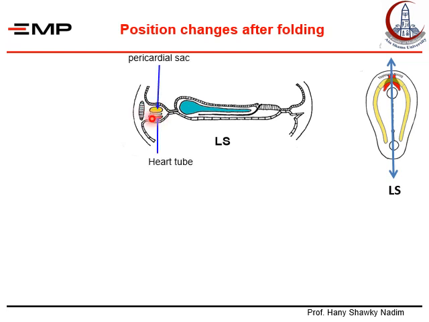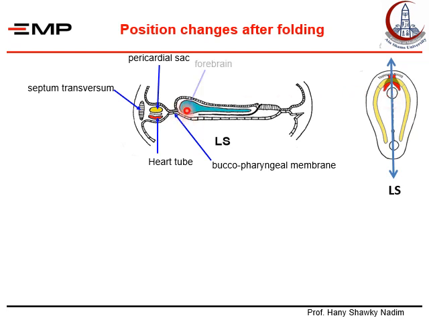endocardial heart tube, ventral to it. And this is the septum transversum cranially. And this is the buccopharyngeal membrane caudally. Here it is. And this is the forebrain more caudal. You can see that the arrangement of the body structure is not logical.